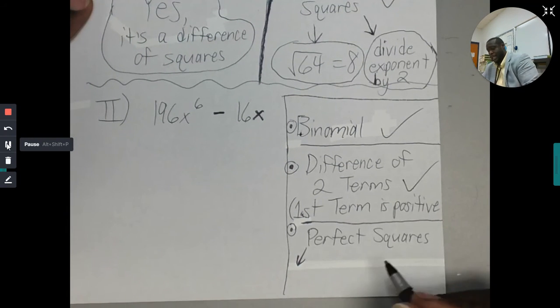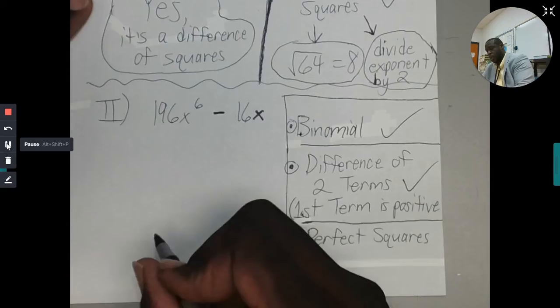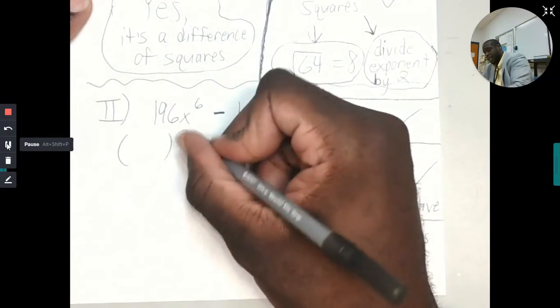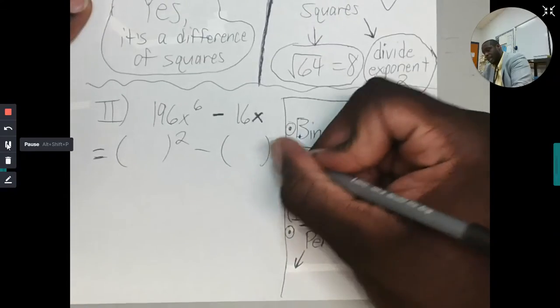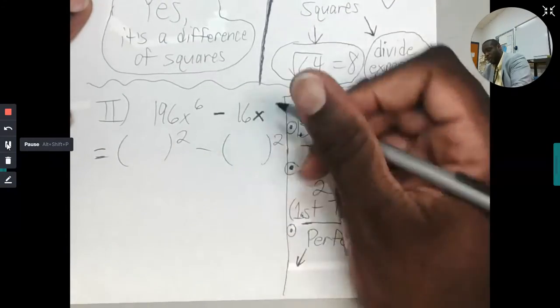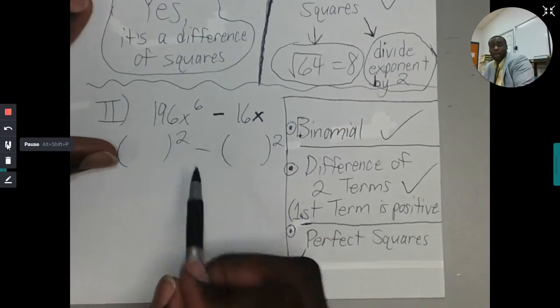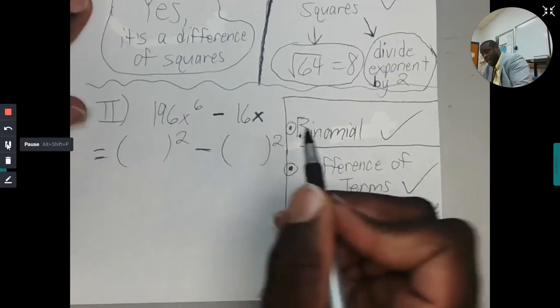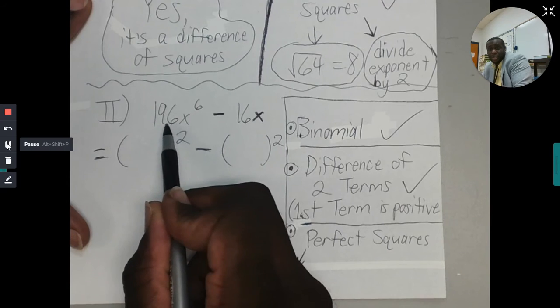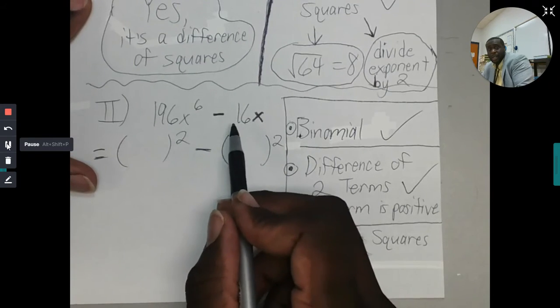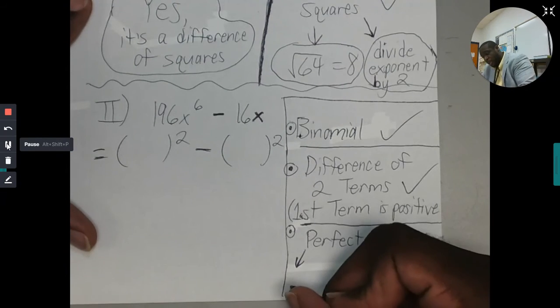Remember, we said that to determine if they're perfect squares, you have to be able to write it out in this form, right? And the best way to write it in this form, where you have something squared minus something squared, is to take the square root of the numbers. So the constants that you see, 196, 16, take the square root of those.